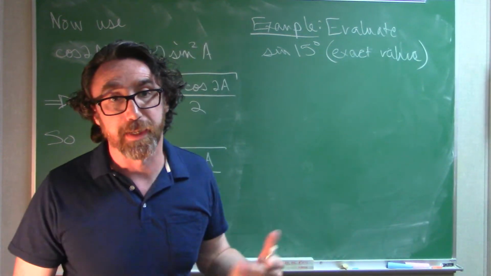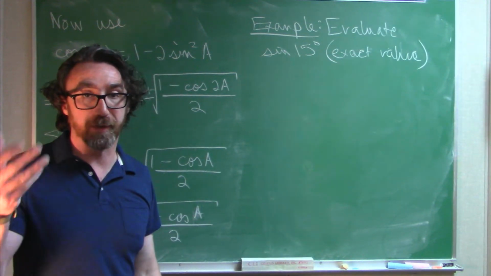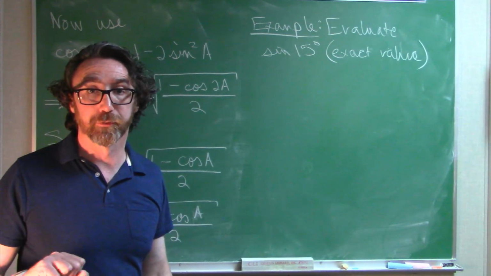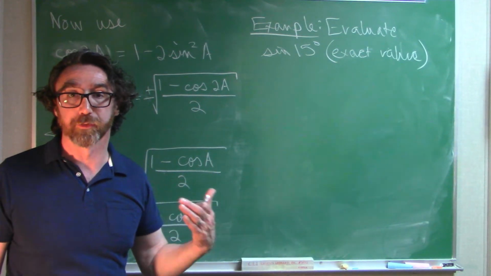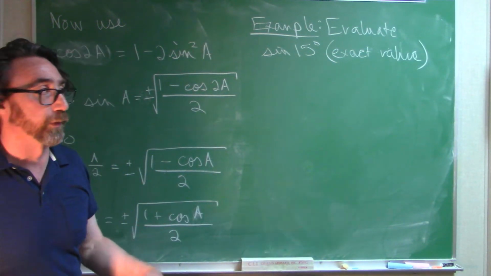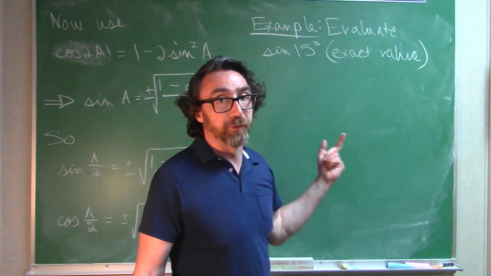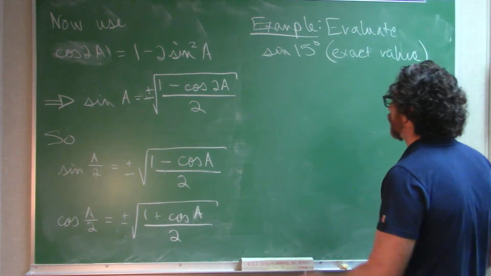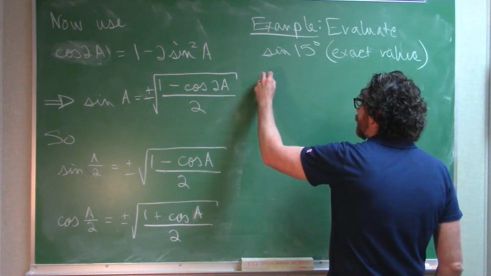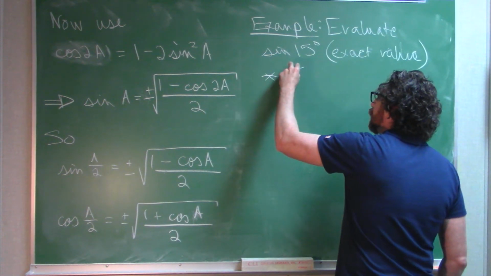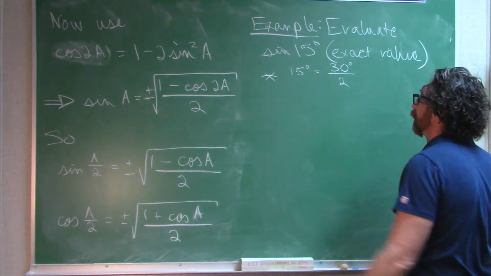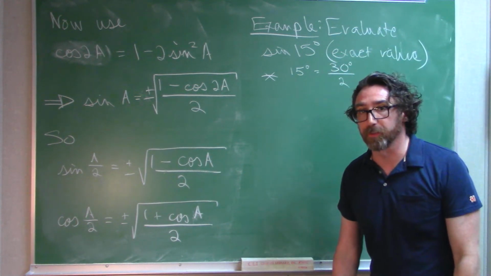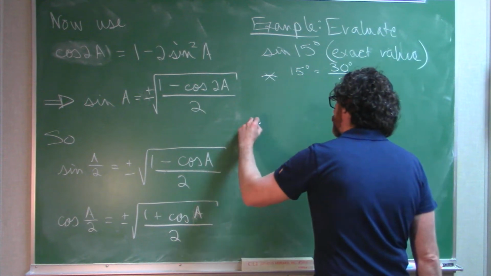And what are the special angles? Well, remember 30, 45, 60 degrees, or pi over 6, pi over 4, pi over 3 radians. The angles involved in our special triangles. 15 degrees was not one of them. But 15 degrees is half of one of our special angles.